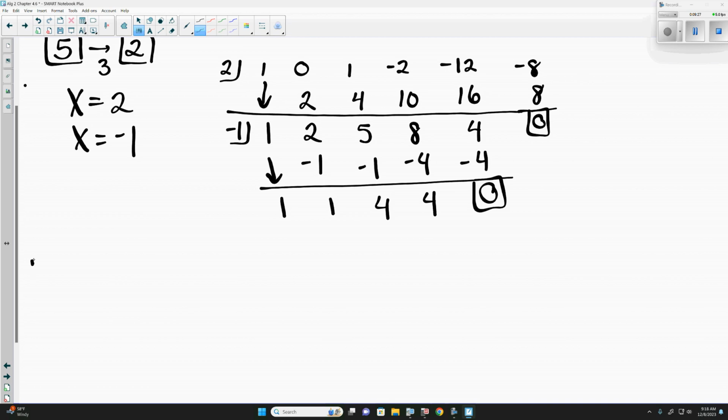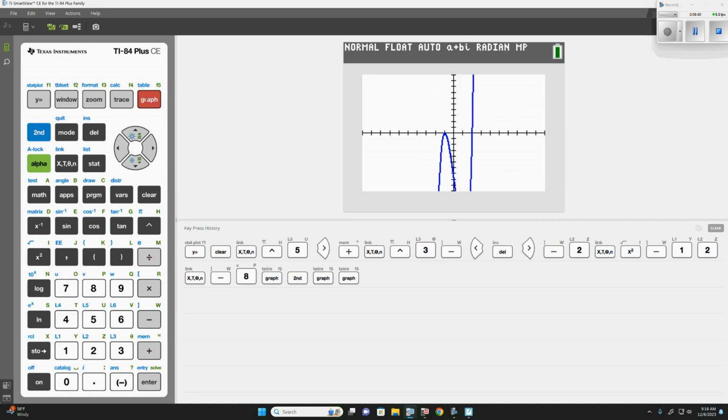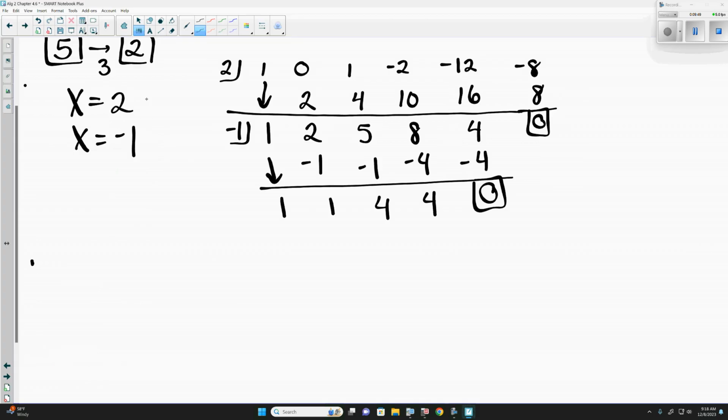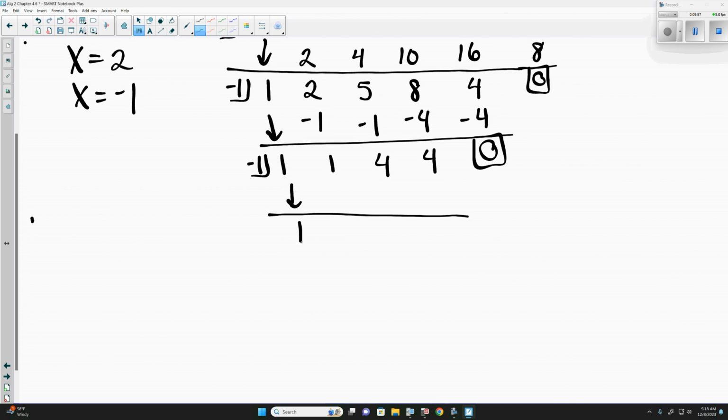Now it is possible to factor this cubic, but instead of that, we're going to use the fact that we noticed on the graph at -1, it looks like it touched the x-axis but didn't cross it. So there's a good chance there's an even number of zeros there. So what we can do is we can try -1 again. -1 times 1 is -1. 1 plus negative 1 is 0.